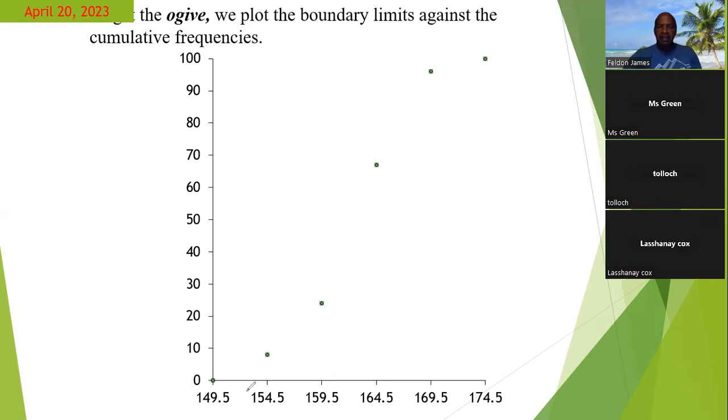It wouldn't be necessary for us to start our value from 0, because our first boundary value is 149.5. If we start from 0, this 149.5 would have ended up somewhere out here on the axis, and we really don't need that. So we put our first boundary value starting at the beginning of the axis here. In other words, we kind of shrink up the x-axis and start from 149.5.